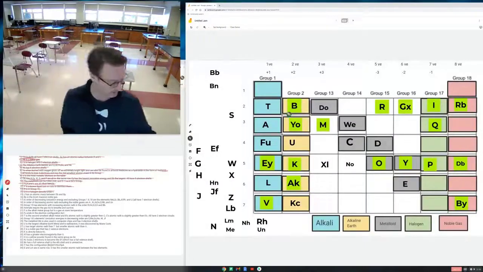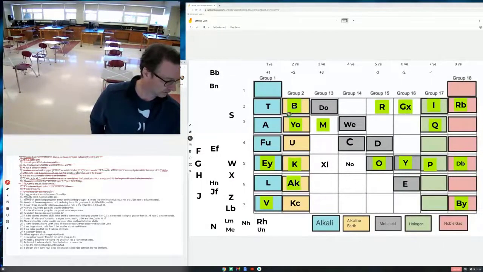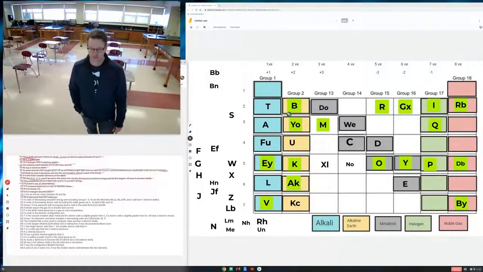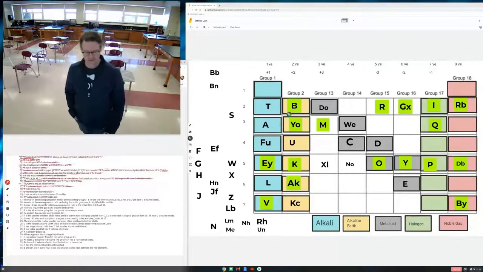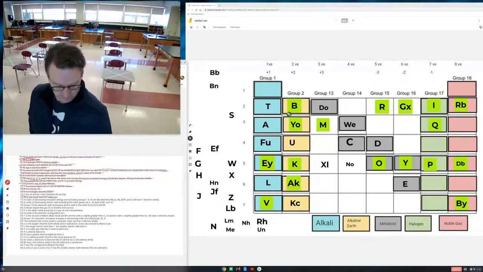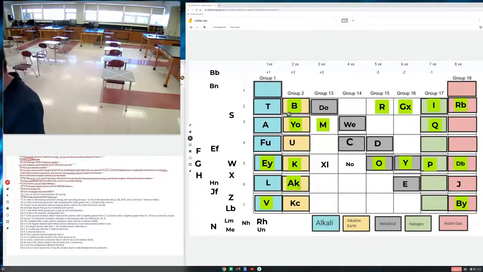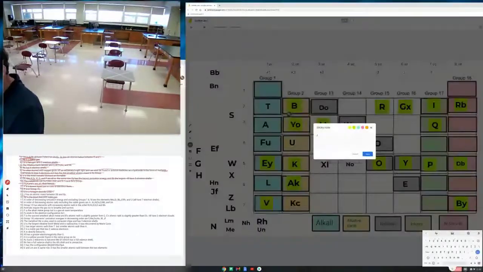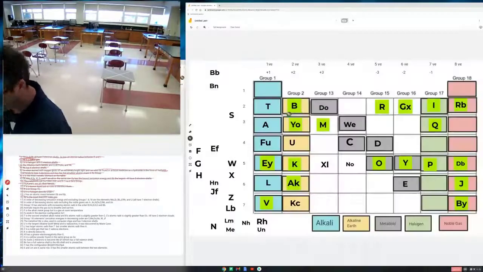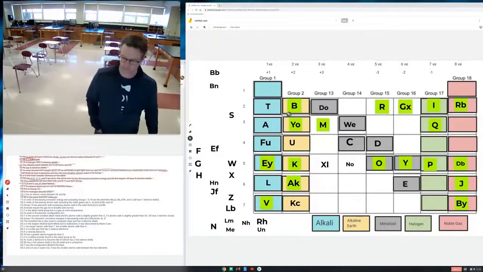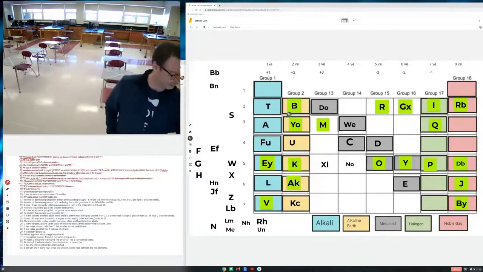And now I can go back, because I was told that J has to be in between DB and BY. So it's got to be in between. That's where that's going to go, and I can cross that off.